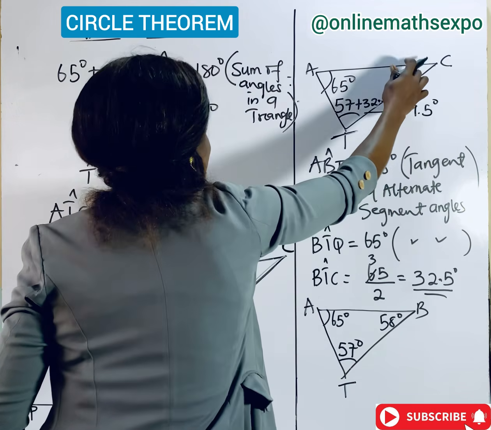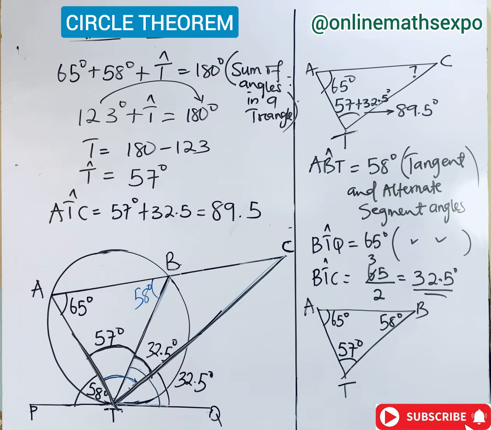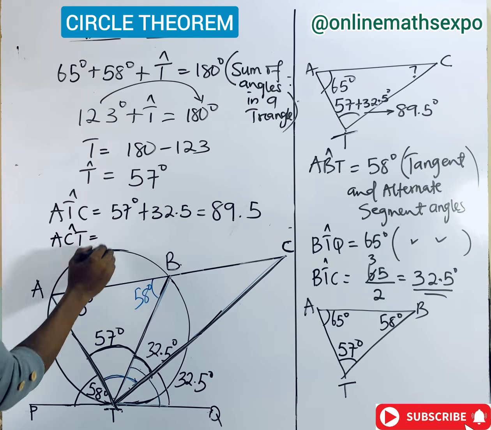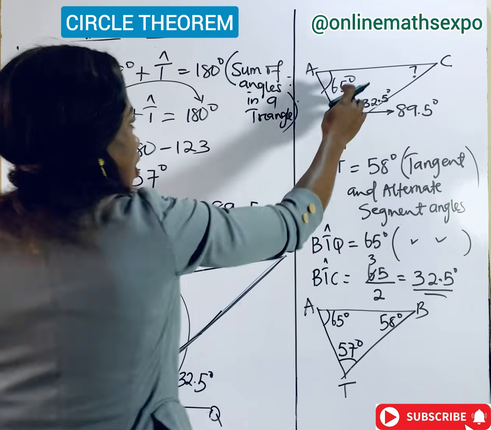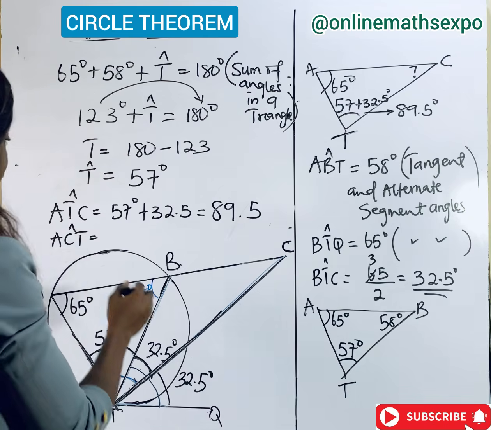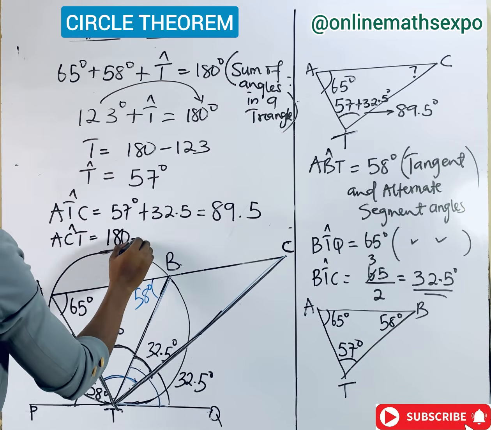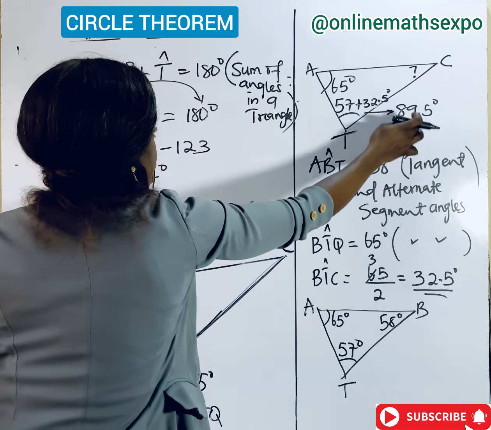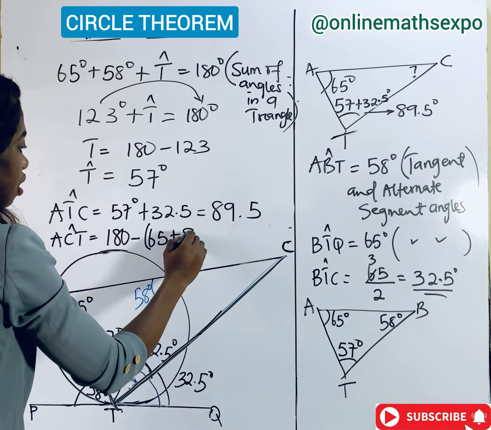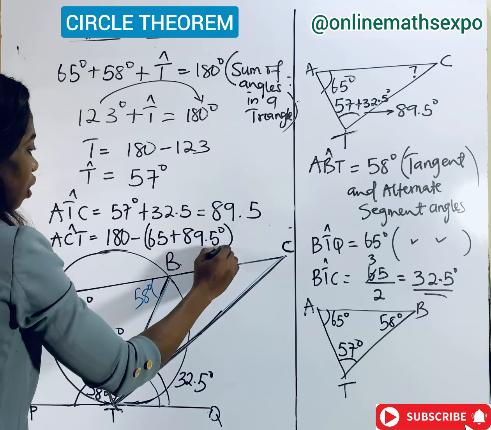What is the value of this angle we are looking for? Angle ACT is going to give us, total angle is this plus this plus this should give us 180. So we can simply do 180 minus, add these two together. So we have 65 plus 89.5. Let's add it.